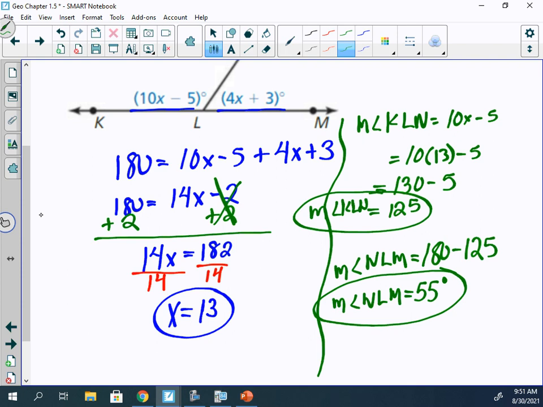So if I subtract the one I know from the total, it should give me the other one, which is 55. Because we could have done it by hand and done 4 times 13 plus 3. Well, 4 times 13 to carry the 1 is 52 plus 3 is 55 degrees, which is exactly what we got.